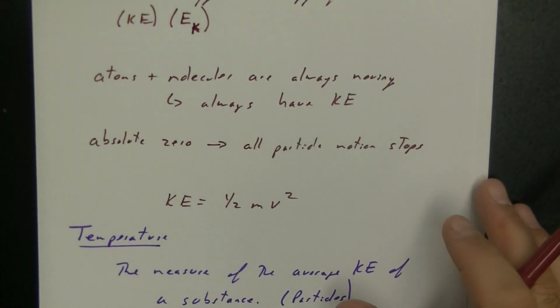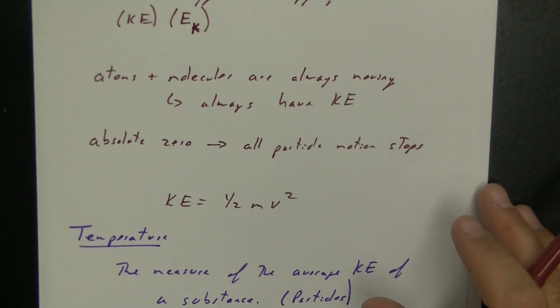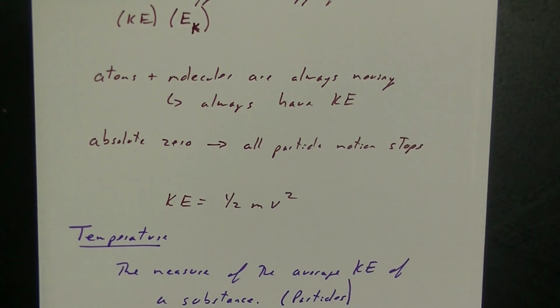So you do need to do some conversions. Kelvin is equal to degrees Celsius plus 273.15. Most of the time we will skip the .15, but if we have significant figure issues, you may have to use that.